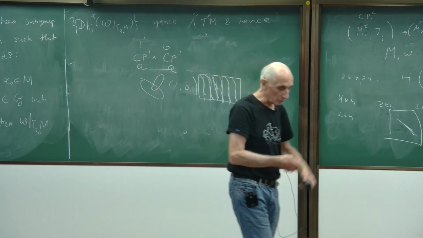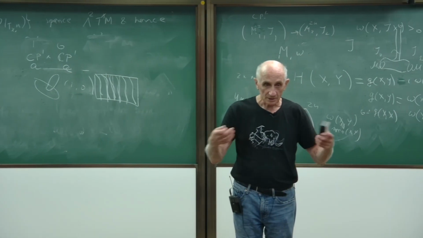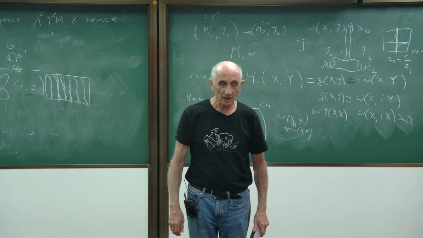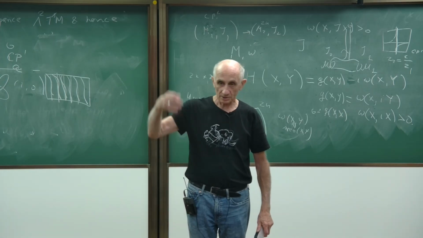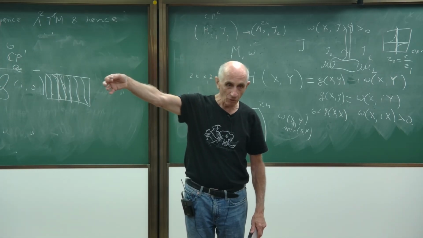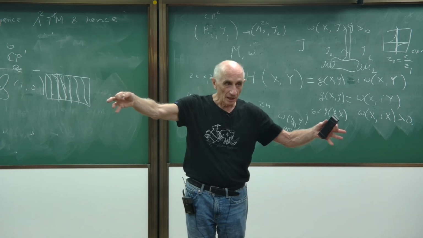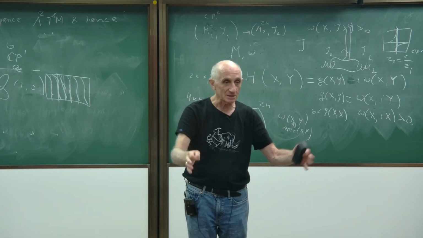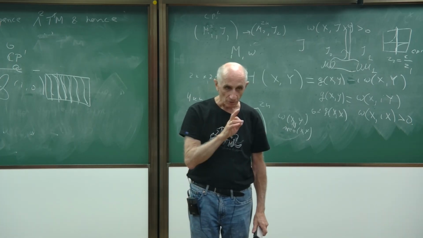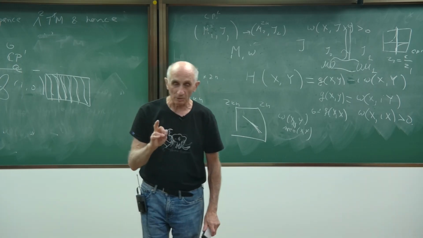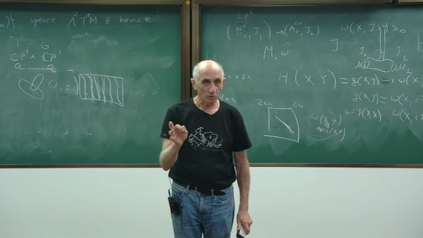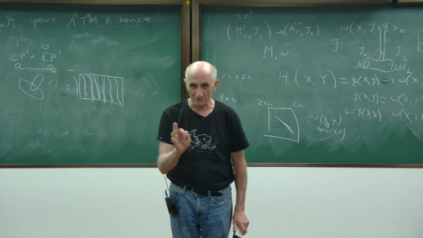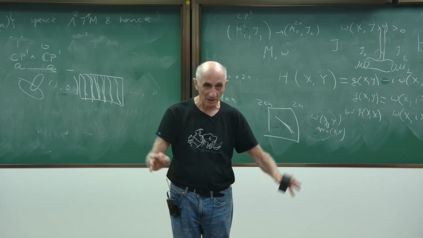For instance, out of this you can deduce the following theorem: any Lagrangian torus in R4 can be deformed through Lagrangian isotopy to the standard split torus. I say Lagrangian isotopy because we can ask whether it's possible through Hamiltonian isotopy, and this turns out to be not true.